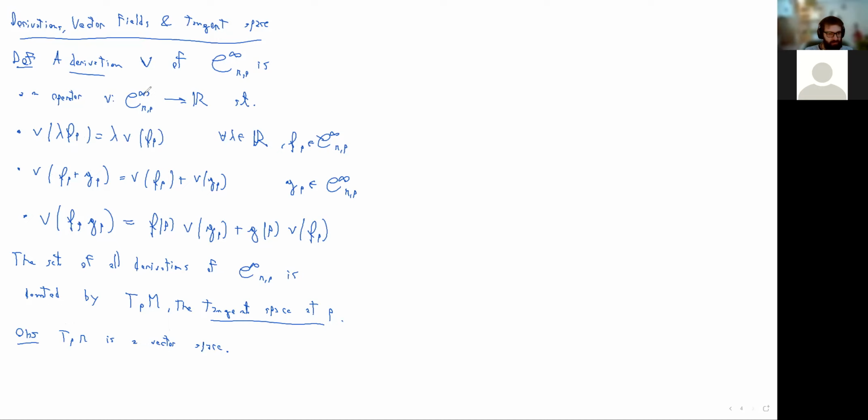So in some sense, the set of derivations is a subset of the dual of the structure sheaf, yeah? Because all linear functionals of the structure sheaf would be basically the dual of the structure sheaf. Here we ask this extra condition, which is this Leibniz rule. But there definitely should be some relation with this.